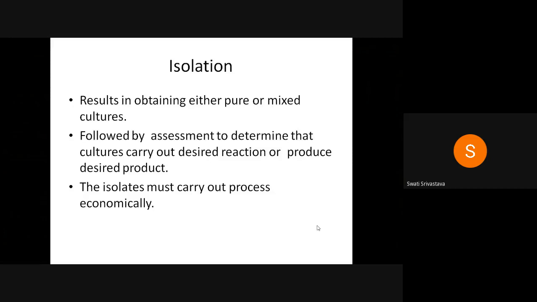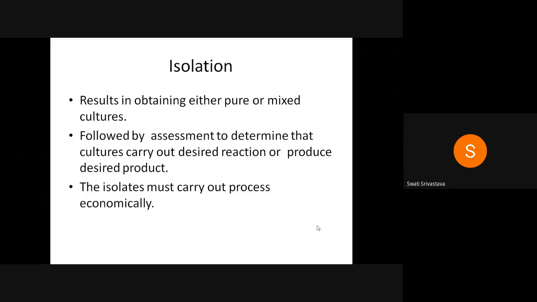Or in a mixed culture, a variety of organisms are found. So the mixed culture is not a single strain, it is rather a combination or a mixture of various kinds of strains. So isolation results in obtaining either a pure or a mixed culture.